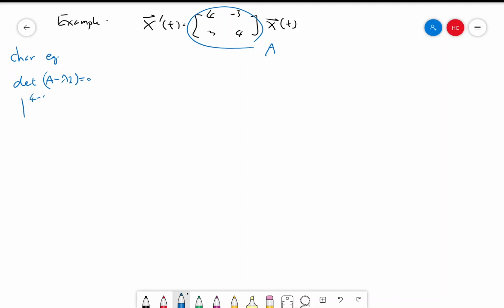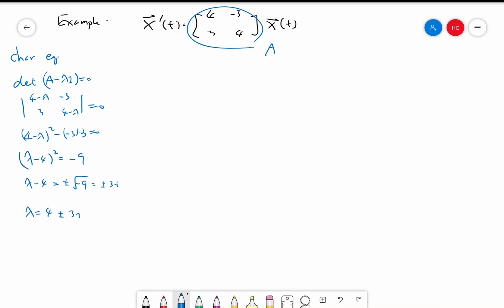So 4 minus lambda, negative 3, 3, 4 minus lambda equal to 0. So 4 minus lambda squared minus negative 3 times 3 equal to 0. 4 minus lambda squared, or lambda minus 4 squared, is equal to negative 9. So lambda minus 4 is plus minus the square root of negative 9, which is plus minus 3i. So lambda is 4 plus minus 3i.